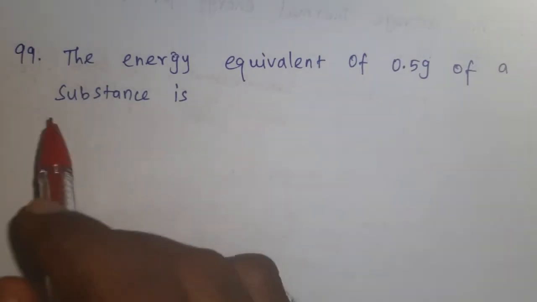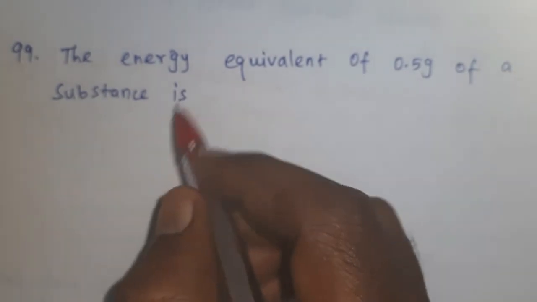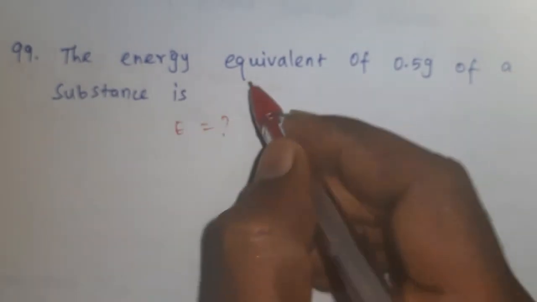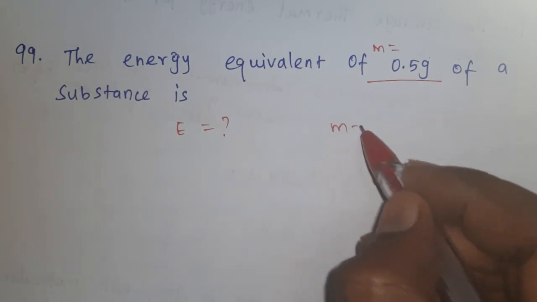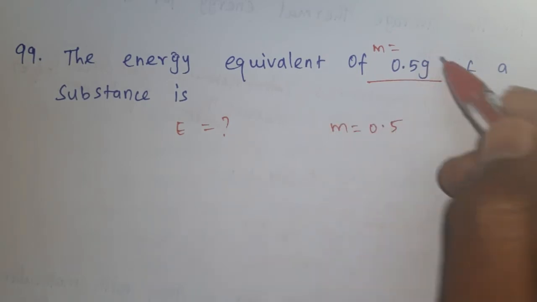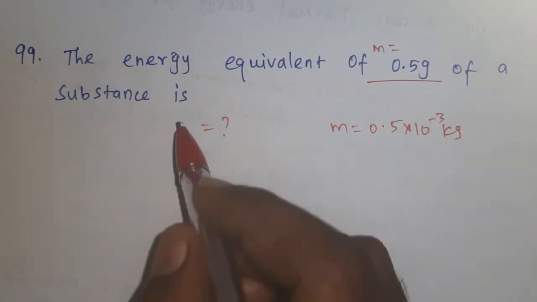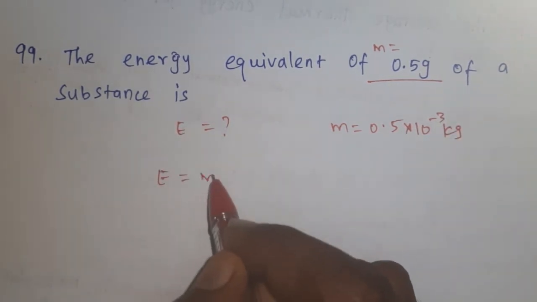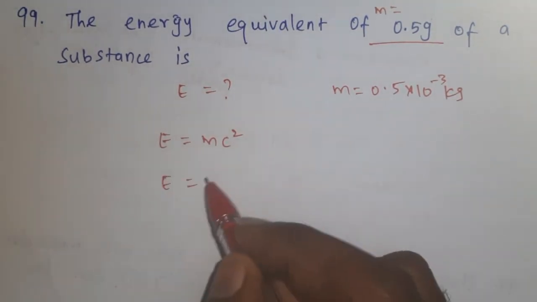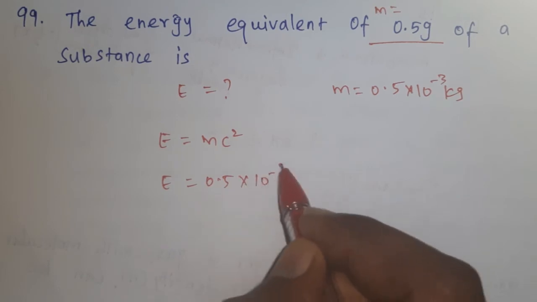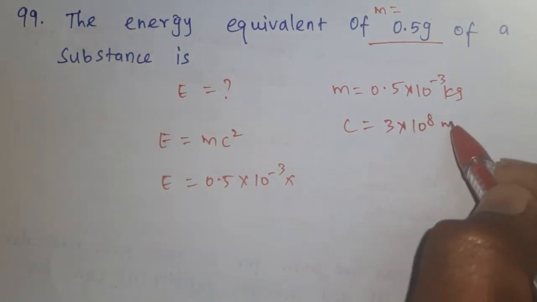Question number 99. The energy equivalent of 0.5 gram of a substance is. So we have to find the energy equivalent E. The given mass is 0.5 gram. We have to convert this mass into kilogram. 1 gram is 10 power minus 3 kg. The formula for energy is E is equal to mc square. This is the mass-energy equivalence formula. Here mass is 0.5 into 10 power minus 3. C is the velocity of light, its value is 3 into 10 power 8 meter per second.